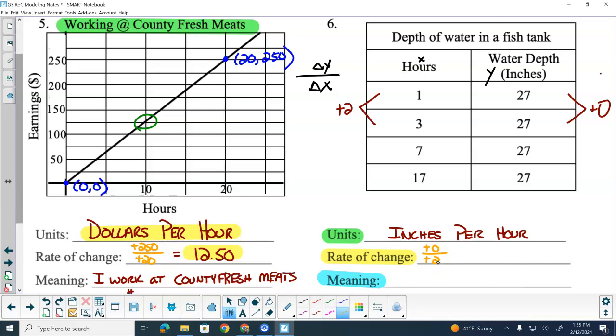So this gives me a rate of change of 0 inches per hour. So your story needs to have the depth of the water in my fish tank in it. The depth of the water in the fish tank changes at a rate of 0 inches per hour. You got to have depth of the water and 0 inches per hour in your story.